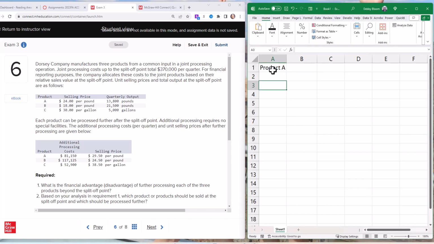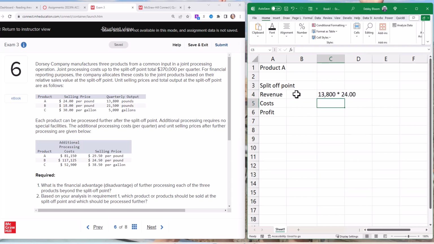We have a choice of selling product A at the split-off point. And if we sell product A at the split-off point, we're going to have revenue, we're going to have costs, and we're going to have a profit. So our revenue will be 13,800 pounds at the price of the split-off point, $24 per pound.